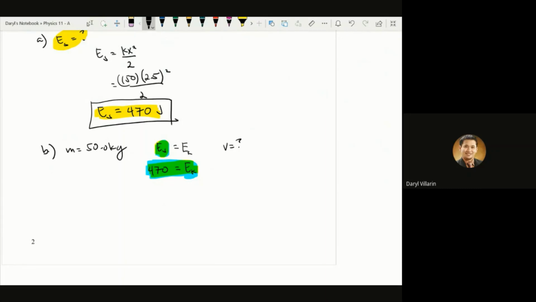Since I'm solving for v, and E sub s doesn't involve speed, but the kinetic energy equation does, I'm going to start with my kinetic energy equation, mv squared over 2.